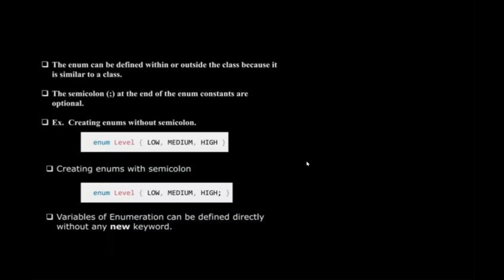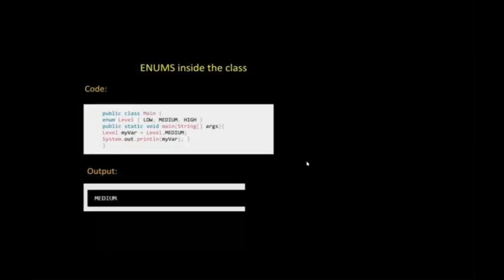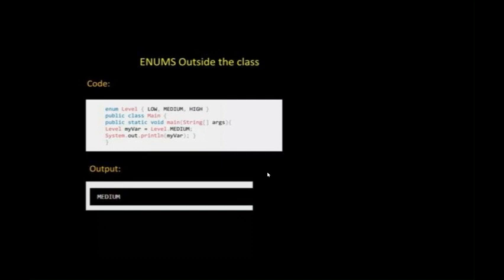For example, creating enums with a semicolon. Variables of enumeration can be defined directly without any new keyword. Enums in the class are defined like this. Enums outside the class are defined like this.